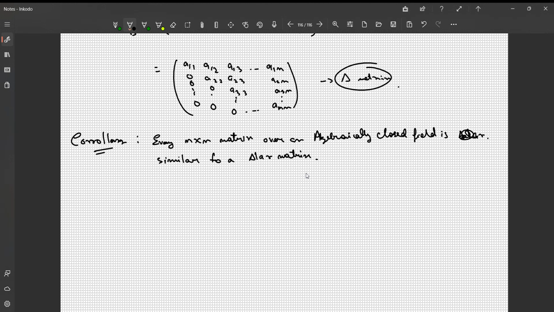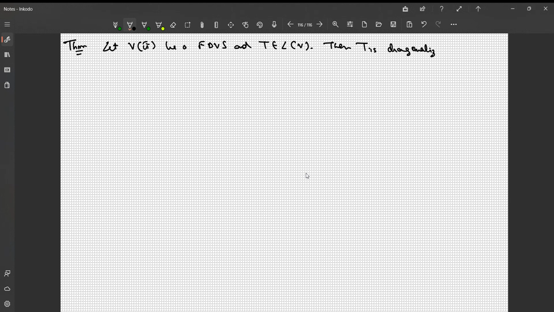So having discussed a certain characterization of triangular matrices, our next obvious goal is to characterize the concept of a diagonal matrix or a diagonalizable operator with respect to its minimal polynomial. Okay, so our next theorem is obviously our goal. It says that let V over F be a finite dimensional vector space, and we have T, which is a linear operator.